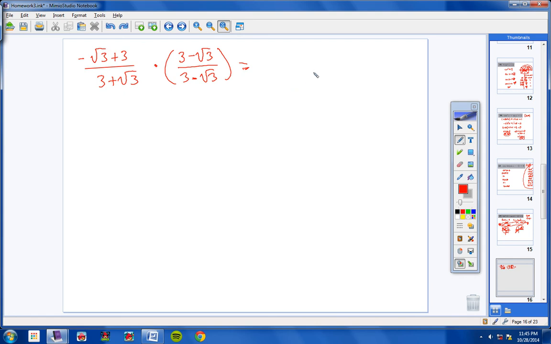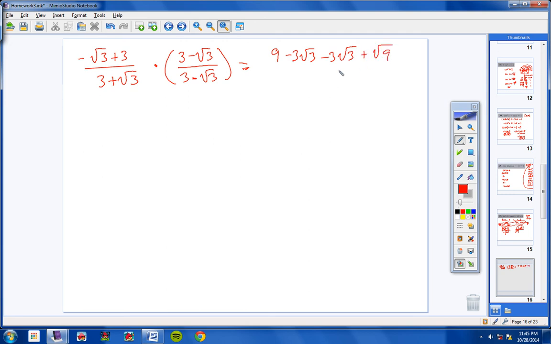Let's see here. Hold on 1 second, please. You would have 9 minus 3 square root of 3 minus 3 square root of 3 plus square root of 9.